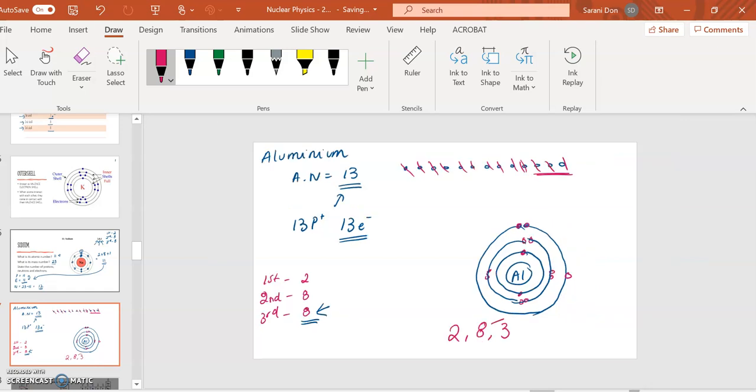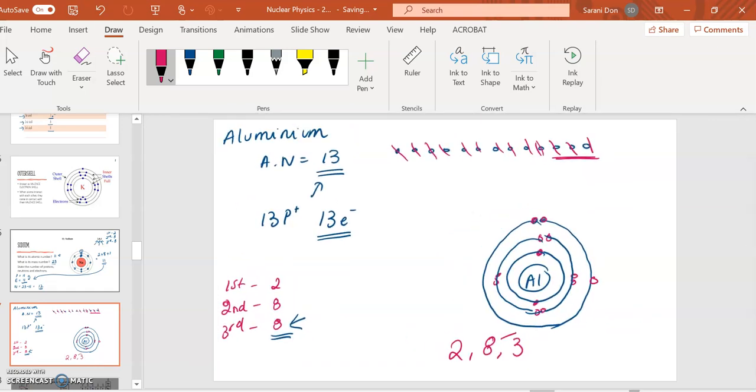This is also known as the electronic or electron configuration. And if you add these up, 2 plus 8 plus 3 should give you 13.